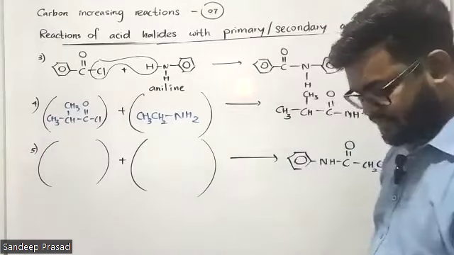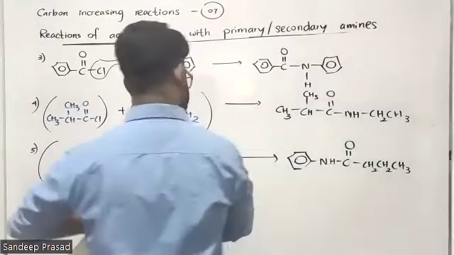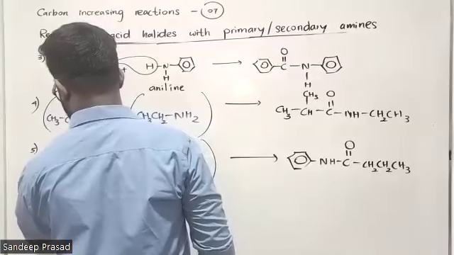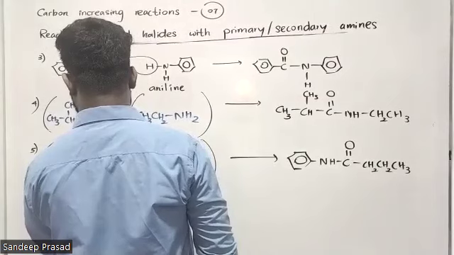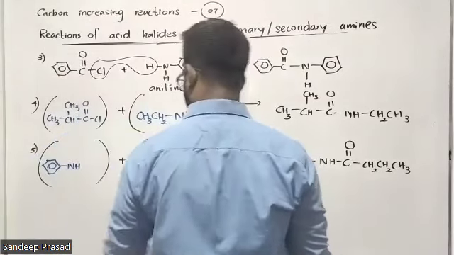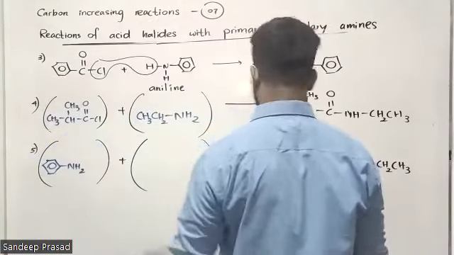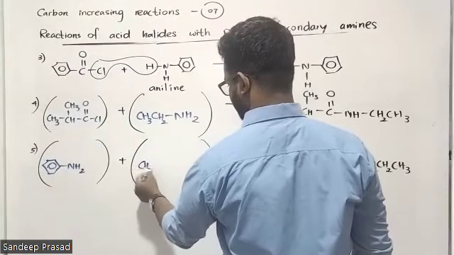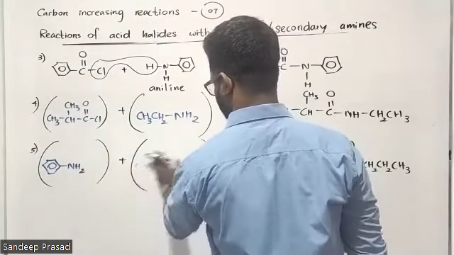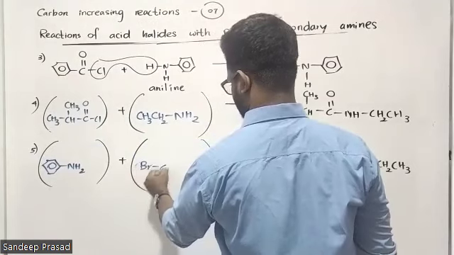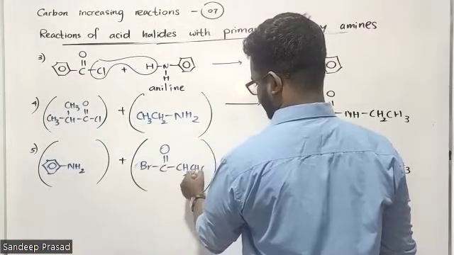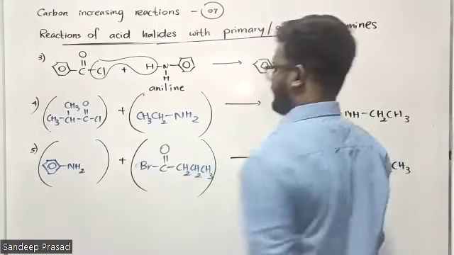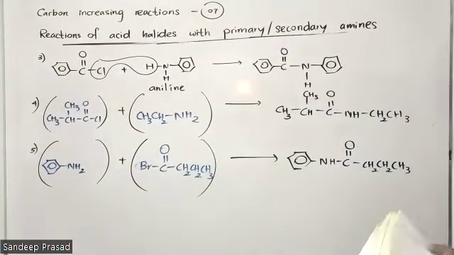So what are the compounds? Let me consider this is aniline. Butanoyl bromide. Number 5.